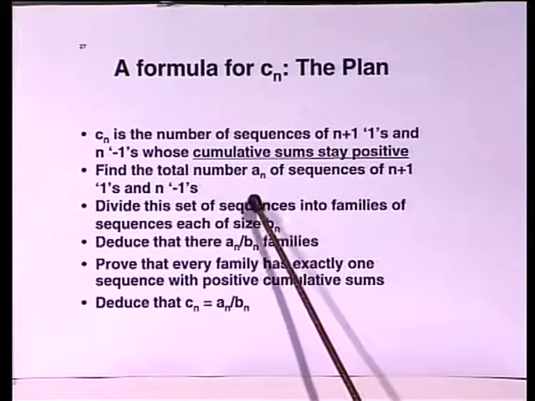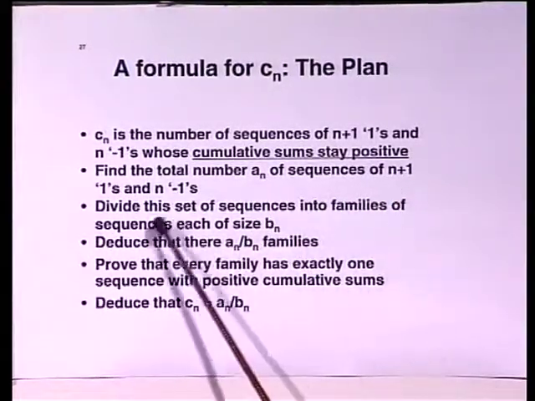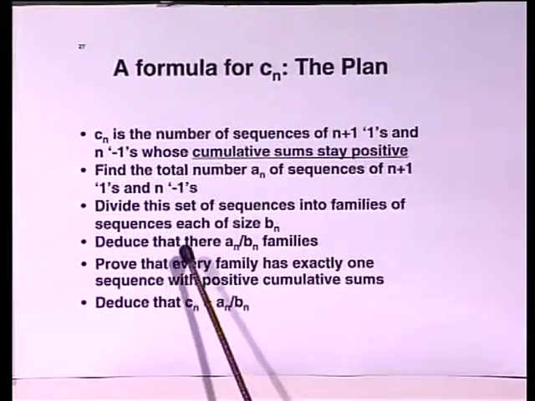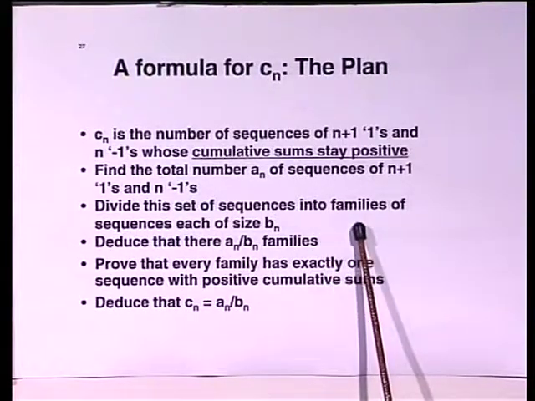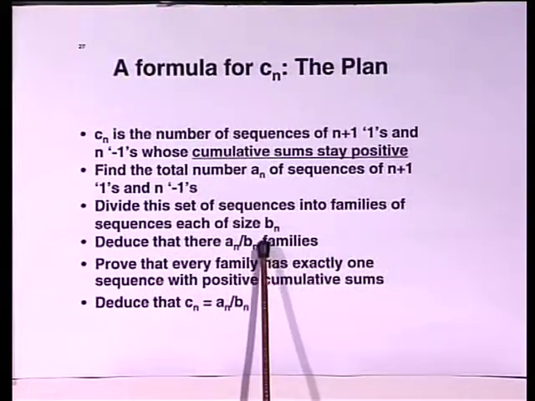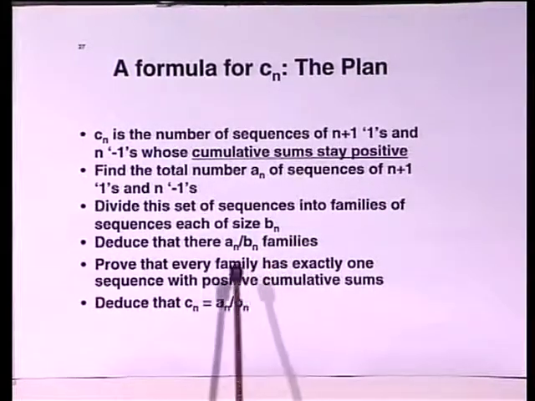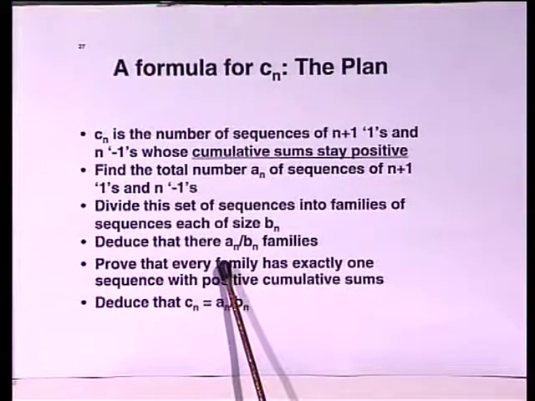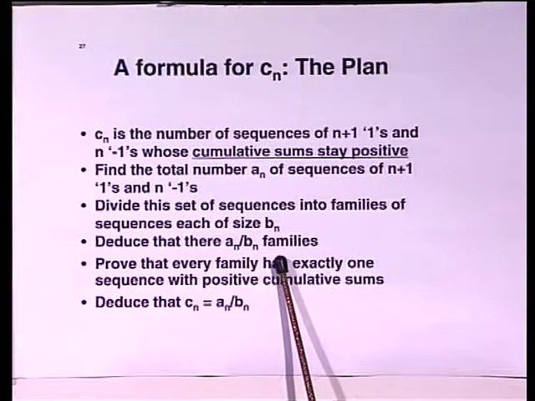First of all, we're going to find the total number of sequences with n plus 1 ones and n minus 1s, which I shall call An. Then we're going to divide that set into families of equal size. Family size that for the moment I shall call Bn. Now, since all the families have got the same size, there will be in all An divided by Bn families.